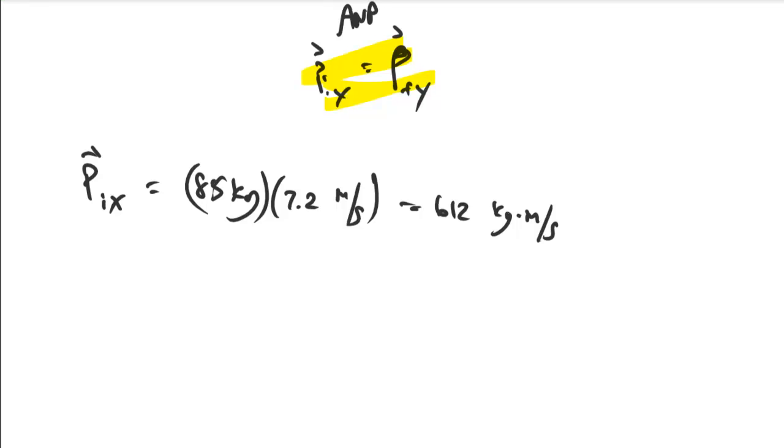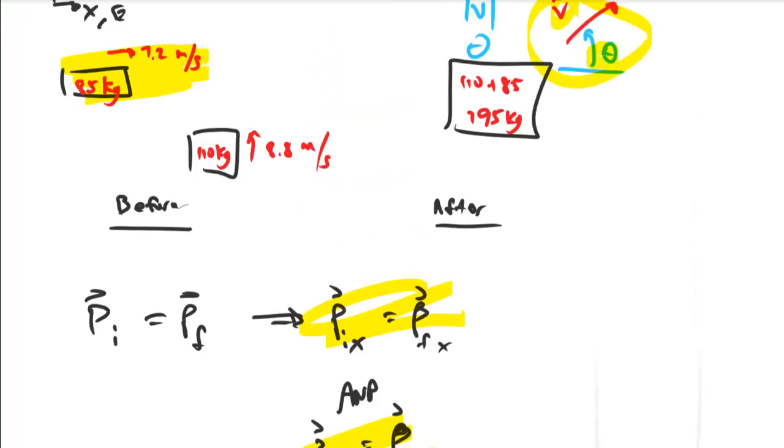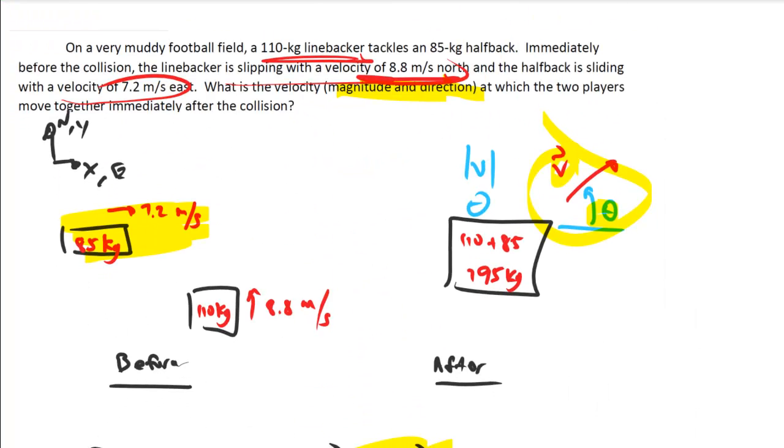Now, the final momentum in the x direction, we need to write that out as well. So P final in the x, and this is what contains a lot of our unknowns, right? But I do know the mass, it's 195 kilograms. And if I leave the velocity as magnitude v and some angle theta, then the x component of the velocity would be v cosine theta. And the y component would be v sine theta, right?